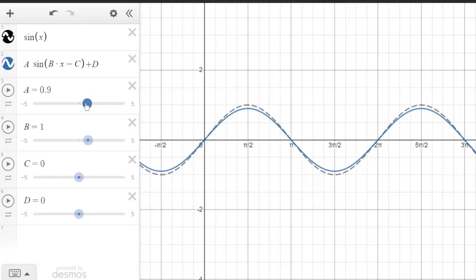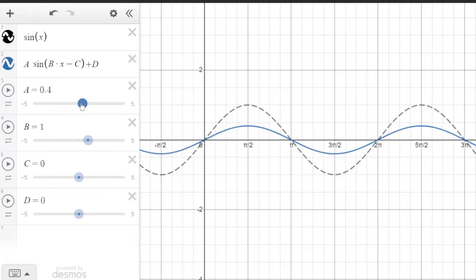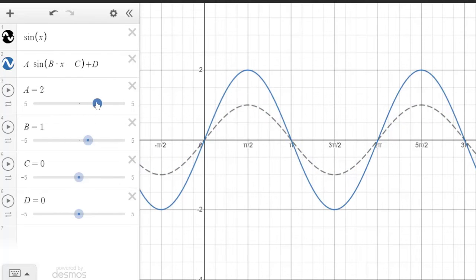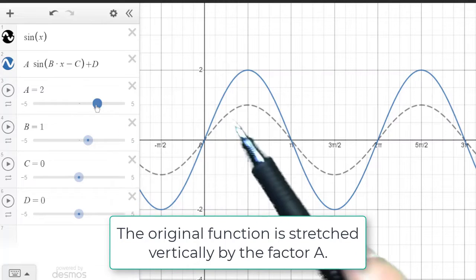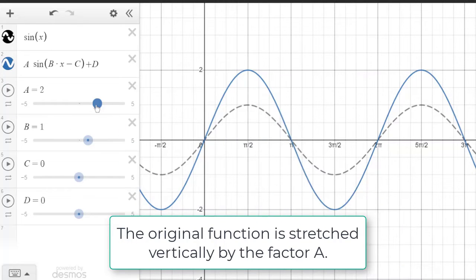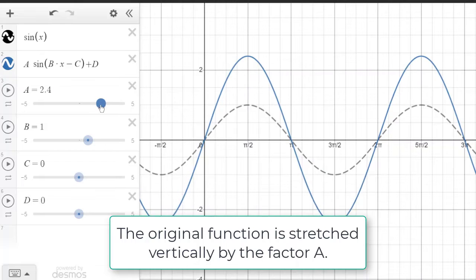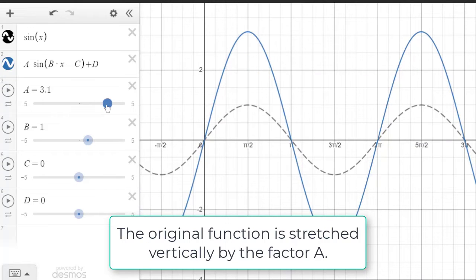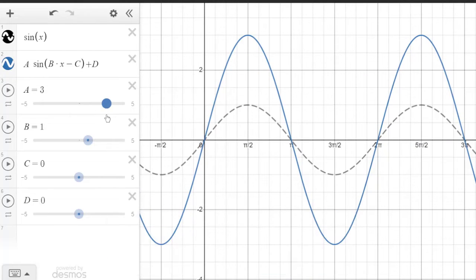If I make a less than 1, I get a vertical squishing of the curve. I am stretching the curve vertically by a factor a. So when a is 2, the curve is twice as high as it was before. When a is 3, the curve is 3 times as high.